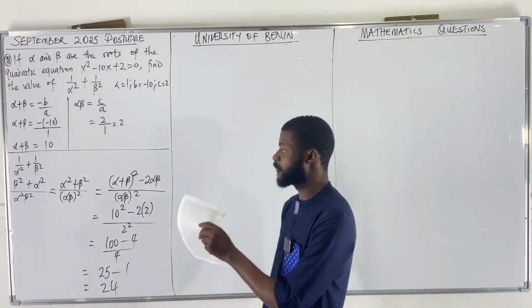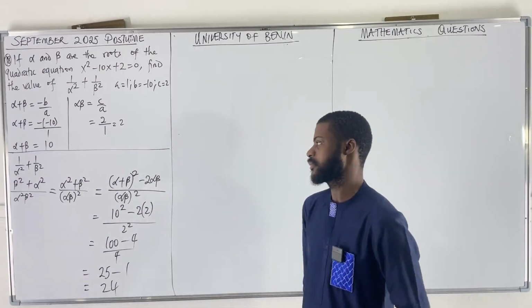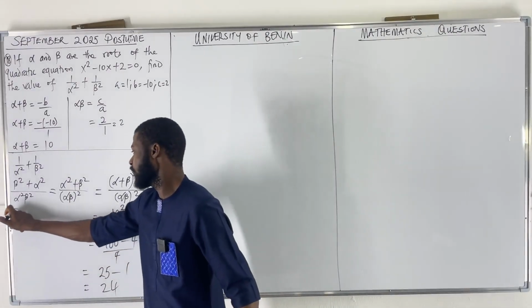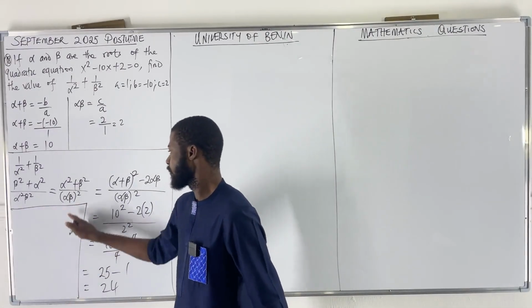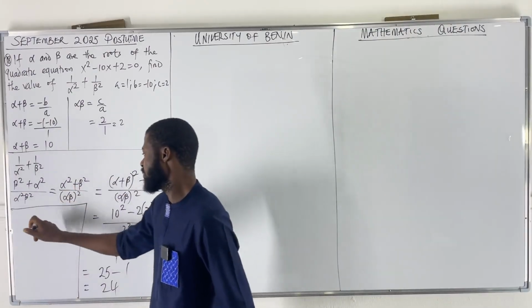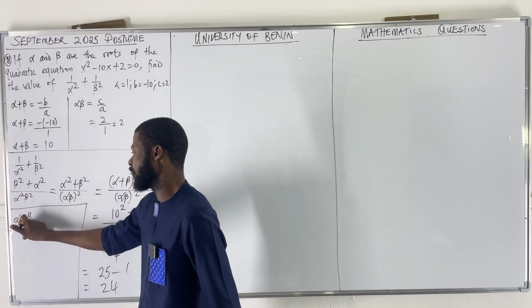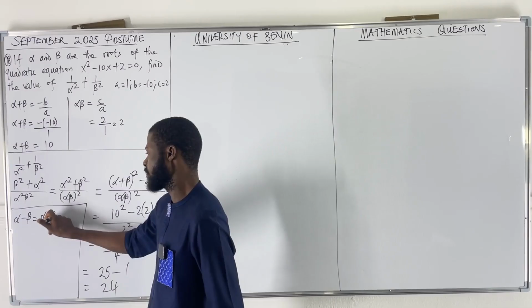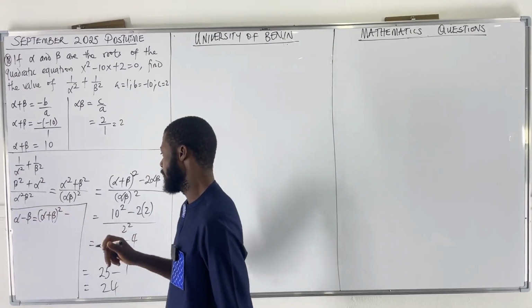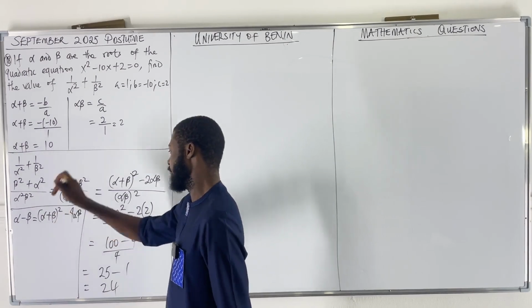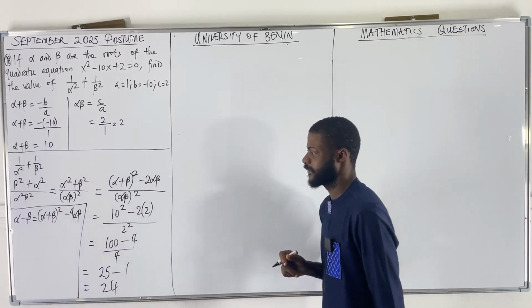If you were to solve this problem another way, you're going to encounter issues. Someone was asking me one time, what if you have a minus here? First of all, if you need to find alpha minus beta, it is alpha plus beta all squared minus 4 alpha beta, if I'm not mistaken.